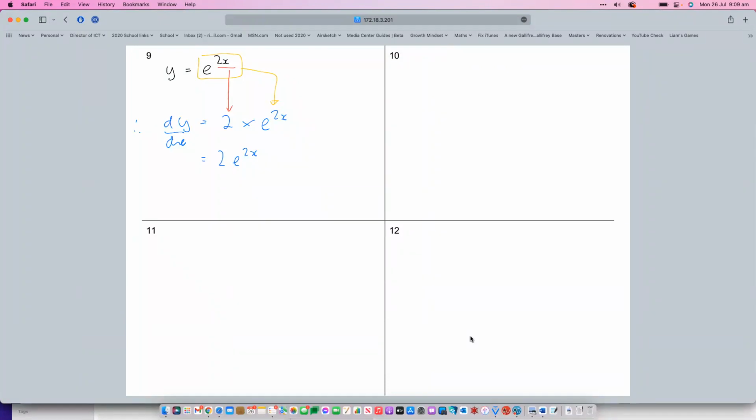Tricky, huh? Similar with ln x. Maybe you can see if you can get ahead of me. So y equals ln of 2x. What would dy by dx equal? I'll give you a moment to work it out yourself.